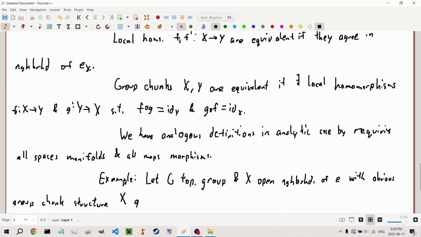X is a group chunk which is equivalent to a topological group.